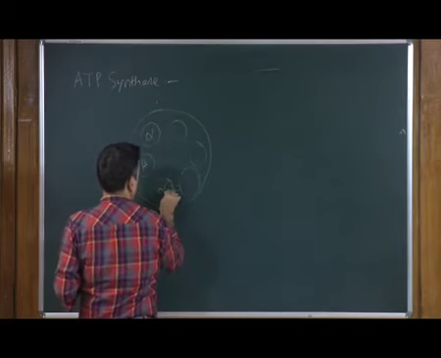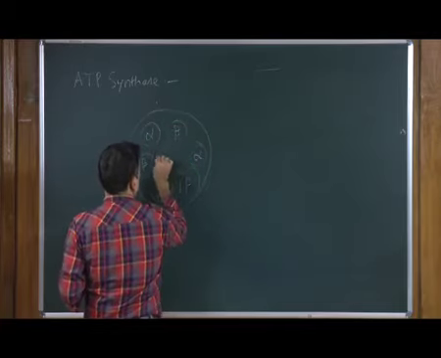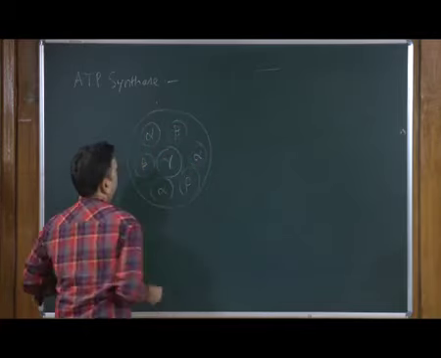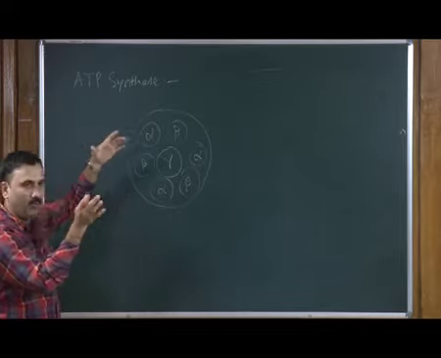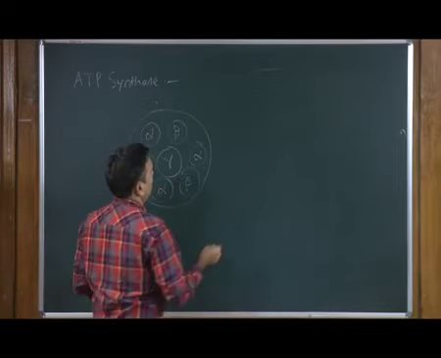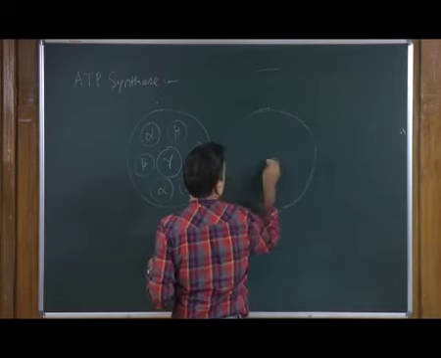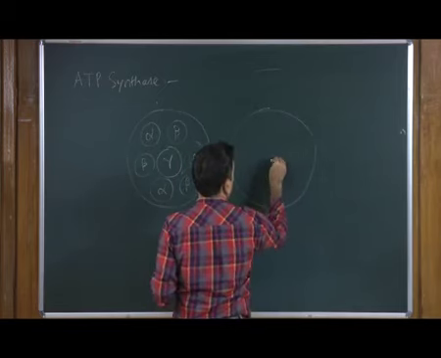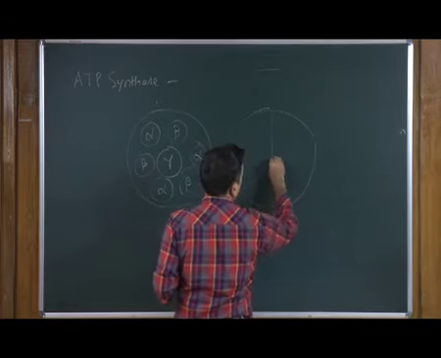So, we have alternate arrangement of alpha, beta, and in the middle we have the gamma. Okay. So, this is the middle balloon like structure what you have seen earlier. Okay. And if I show you the beta subunit, the beta subunit has 3 catalytic sites.